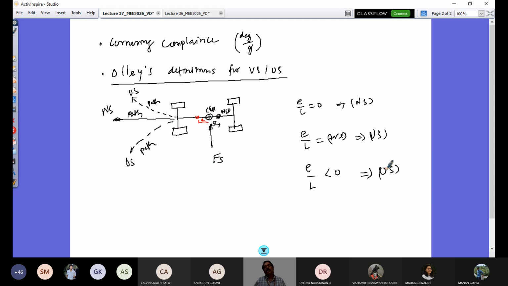That is what is oversteer tendency. So you would connect that static margin definition with reference to this Olley's definition for understeer and oversteer tendency. Right. So this is the understanding.